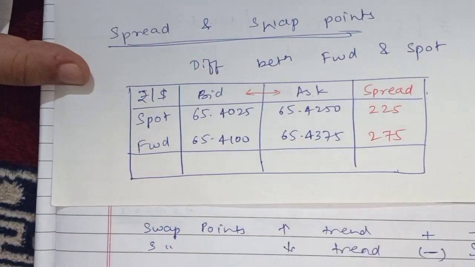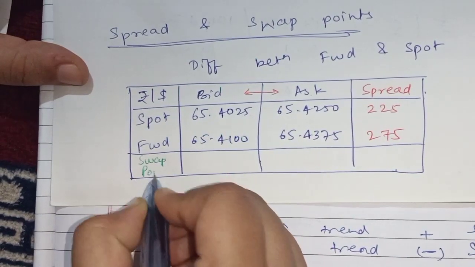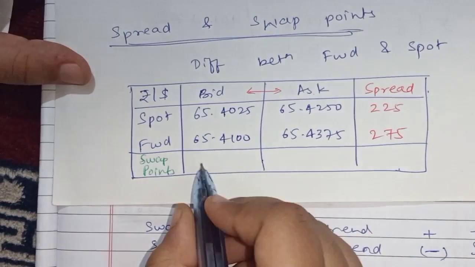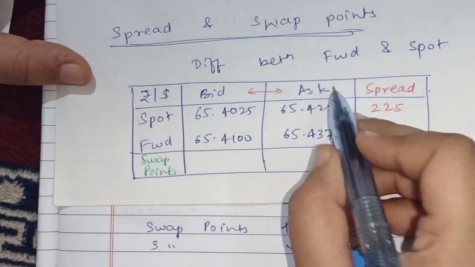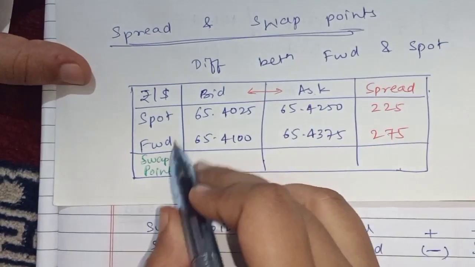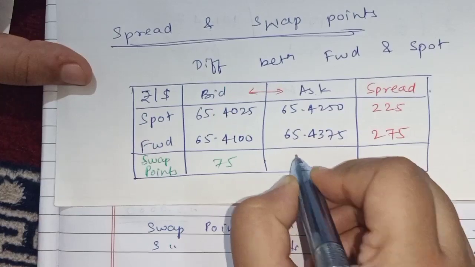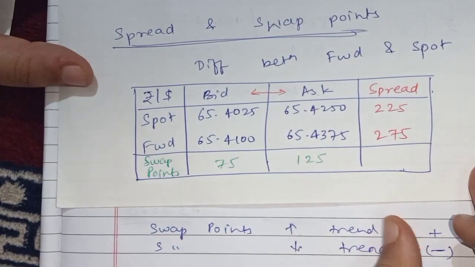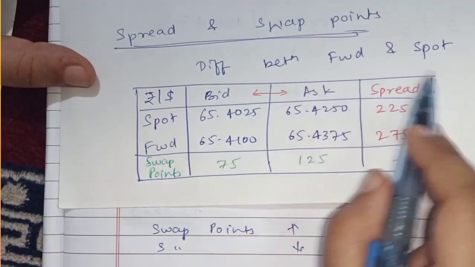Now we will find out the swap points. What is a swap point? It's the difference between the bid of forward and spot and the difference between the ask of forward and spot. So the points will be 75 and 125. This chart will give you the exact difference between the forward and the spot rate.